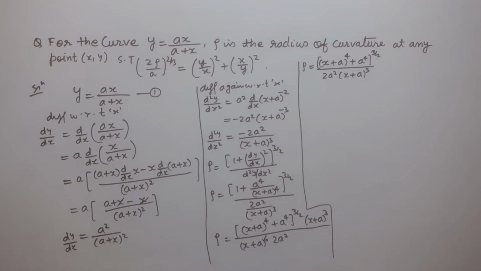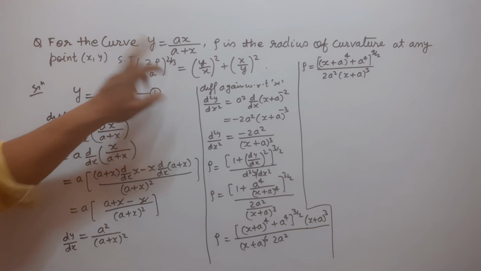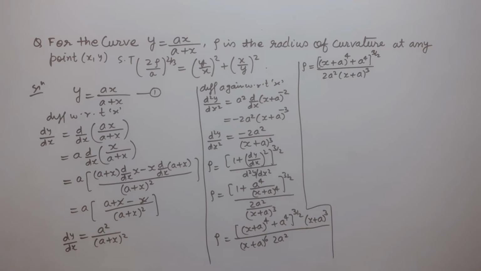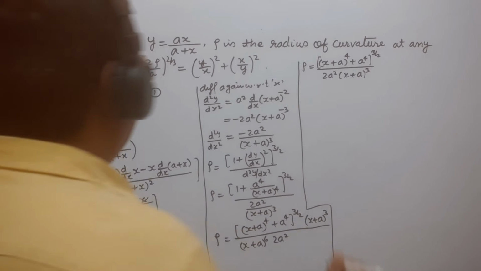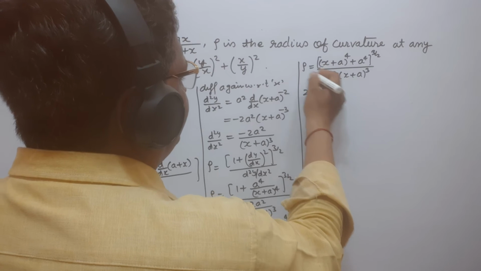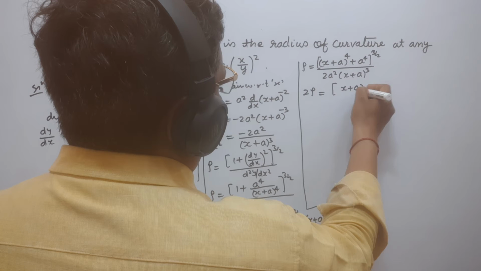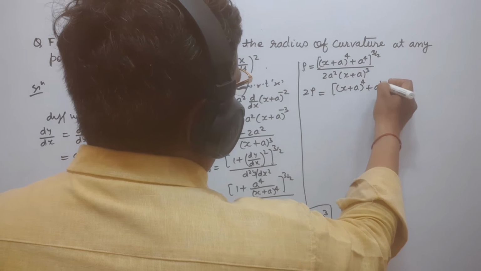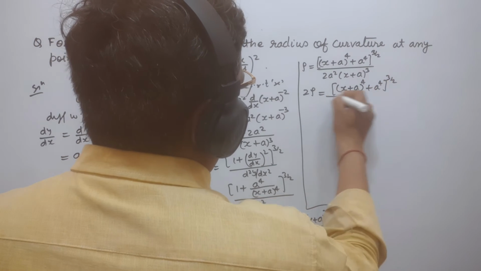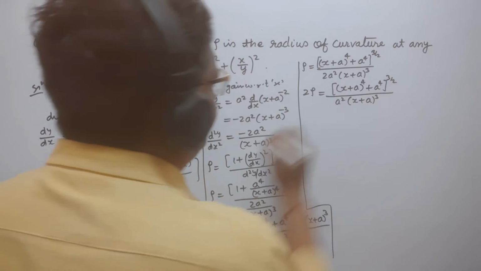Now we can see here we have to prove that 2 rho upon a whole power 2 by 3. So we can write this. Now we find here 2 rho. So this 2 multiplied in this side. So 2 rho is equal to (x plus a) whole power 4 plus a power 4, whole power 3 by 2, upon a square and (x plus a) whole cube.